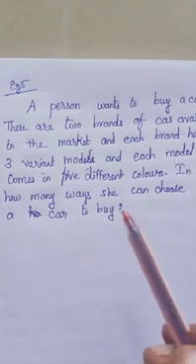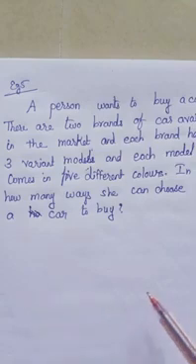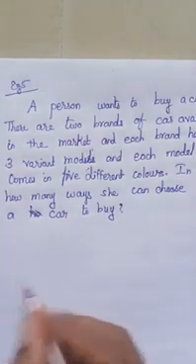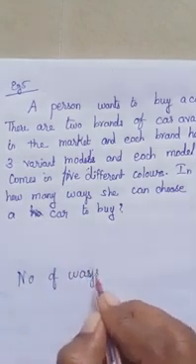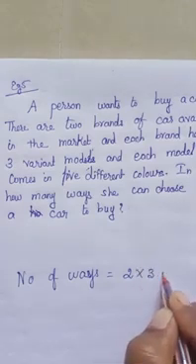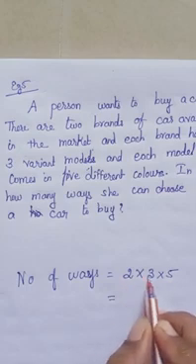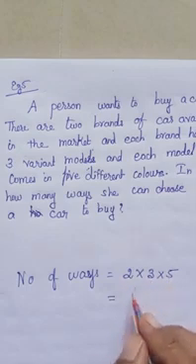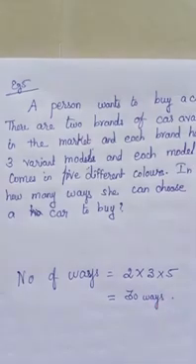So the number of ways is equal to 2 brands, 3 variant models, and 5 different colors. So total 2 into 3, 6, 6 into 5, 30 ways to select a car.